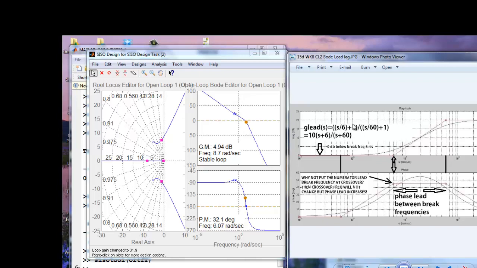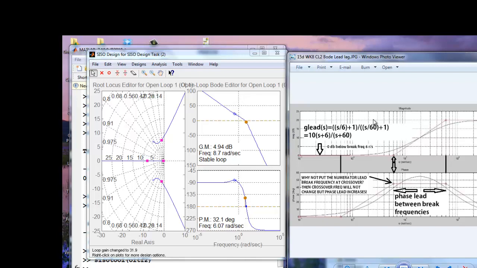So if we multiply this form into a more standard form, we see we get 10 times s plus 6 over s plus 60, and as omega goes to 0, you get 10 times 6 over 60, which is 1.